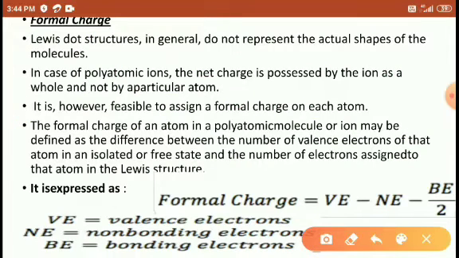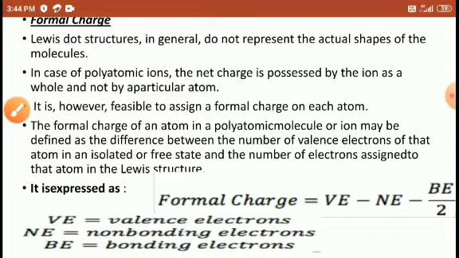So formal charge is expressed as: formal charge is equal to V, the valence electrons, minus N, the number of non-bonding electrons, minus B, the bonding electrons, the whole divided by 2. This is the formula.